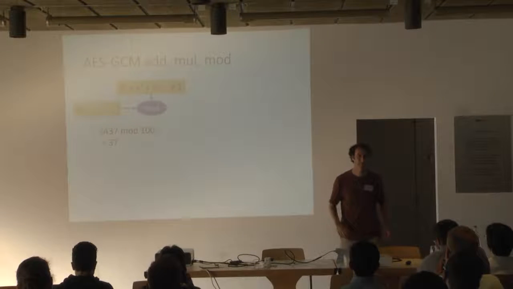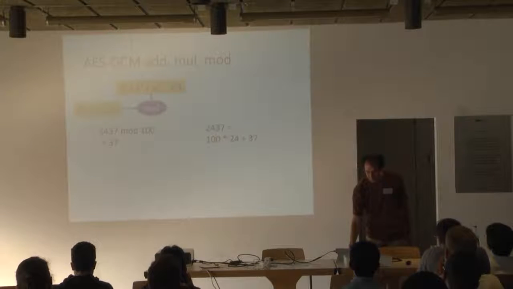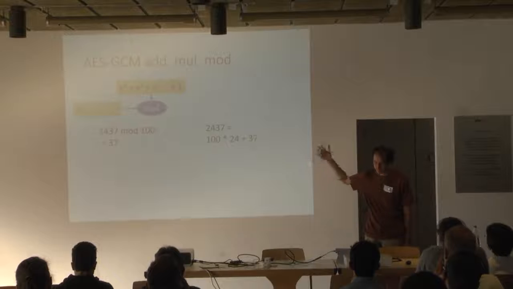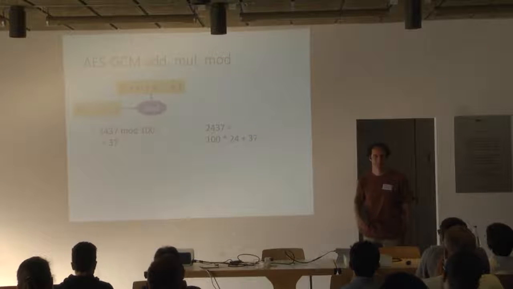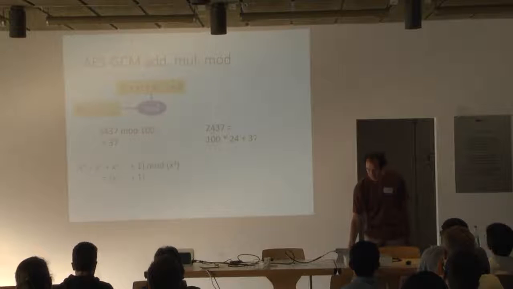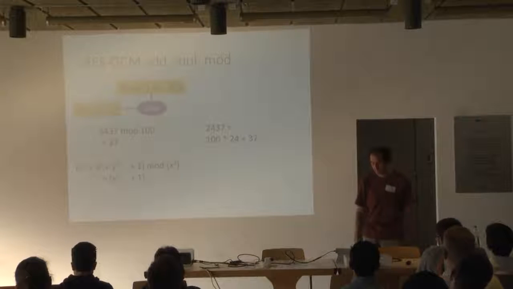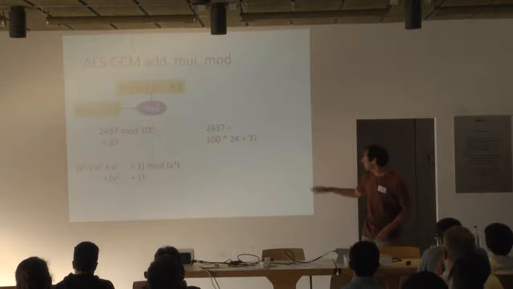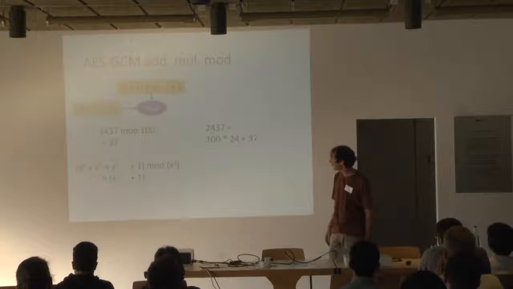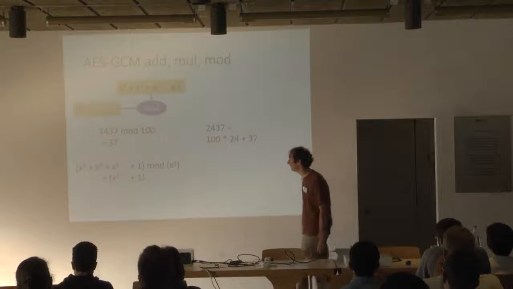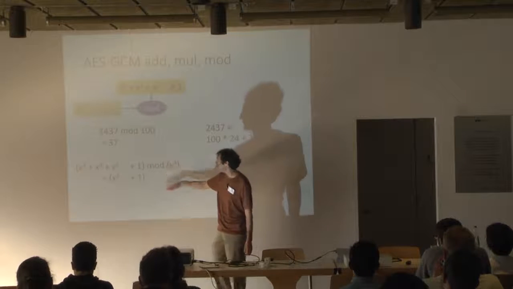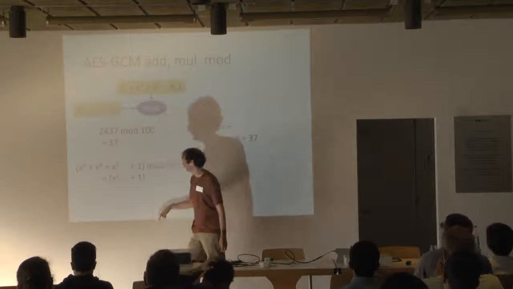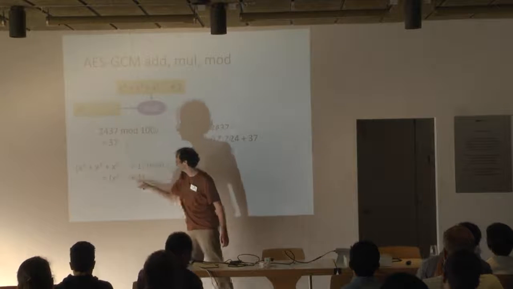It's easy to implement mod 100. To justify that, it's 100 times 24 plus 37, and 37 is the remainder. Doing mod on a polynomial, where the modulus is just a single term, is very similar. You just chop off all of the terms that are, in this case, x to the third or bigger.